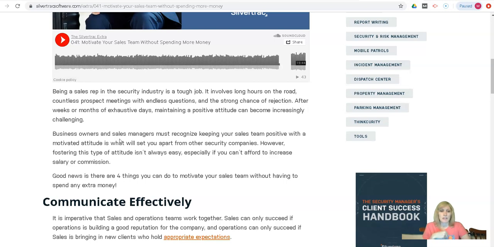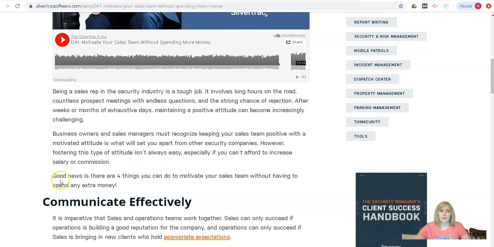Business owners and sales managers must recognize that keeping your sales team positive with a motivated attitude is what will set you apart from other security companies. However, fostering this type of attitude isn't always easy, especially if you can't afford to increase your salary or commission. So there's your problem.